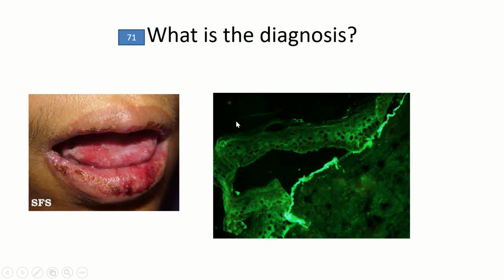What is the diagnosis? You should note that when the question maker gives you an image of stomatitis with lip involvement and a DIF image, you should not always consider paraneoplastic pemphigus. The diagnosis of paraneoplastic pemphigus is a good choice, but not always.